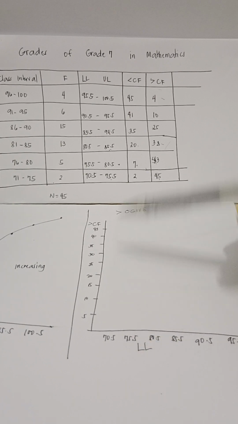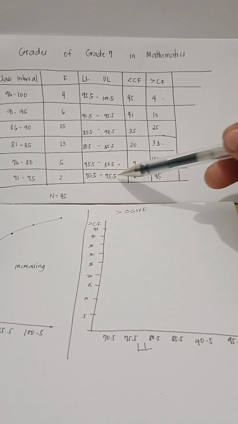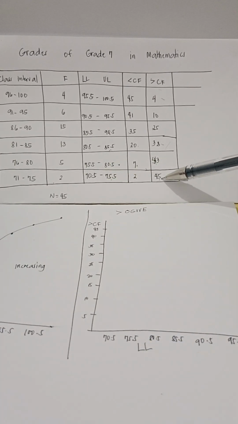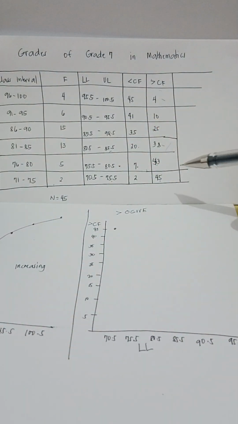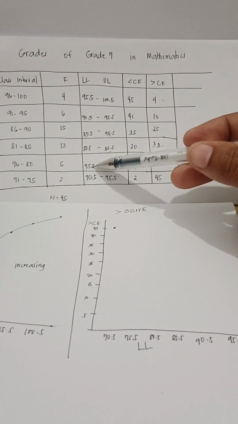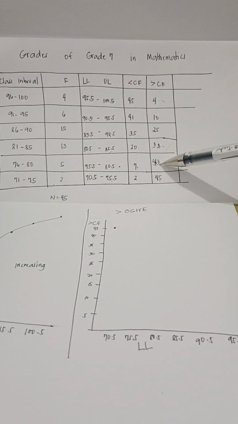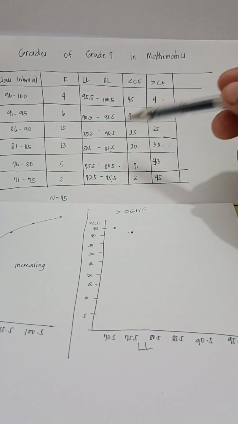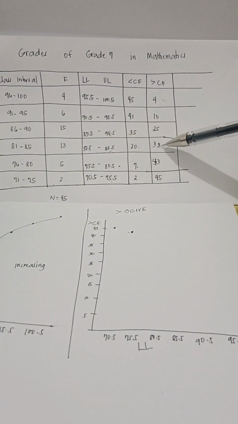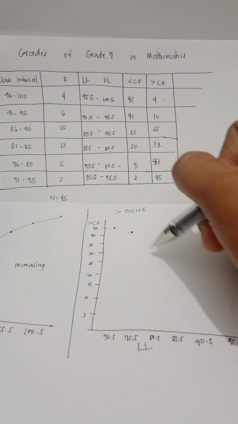Lower limit of 70.5, the greater than cumulative frequency is 45. Lower limit of 75.5, the cumulative frequency is 43. For 80.5, that is 38.